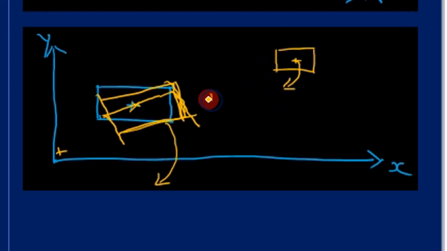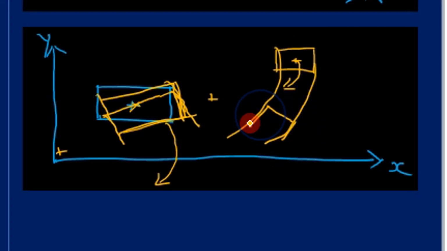But if we have pivot point at a different location, the entire object will get rotated this way, because here pivot point is at a different location. So if you draw a circle using the compass, that defines the path for the rotation, but here this will be a self rotation as the pivot point lies in the object itself.